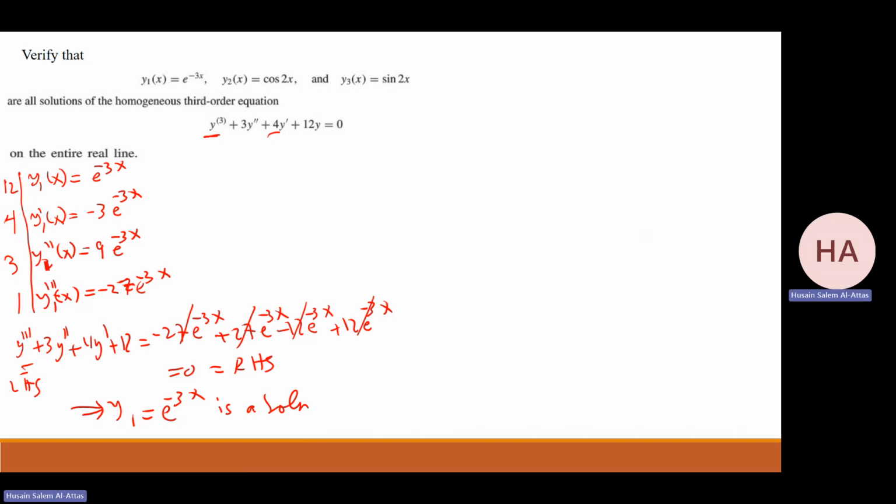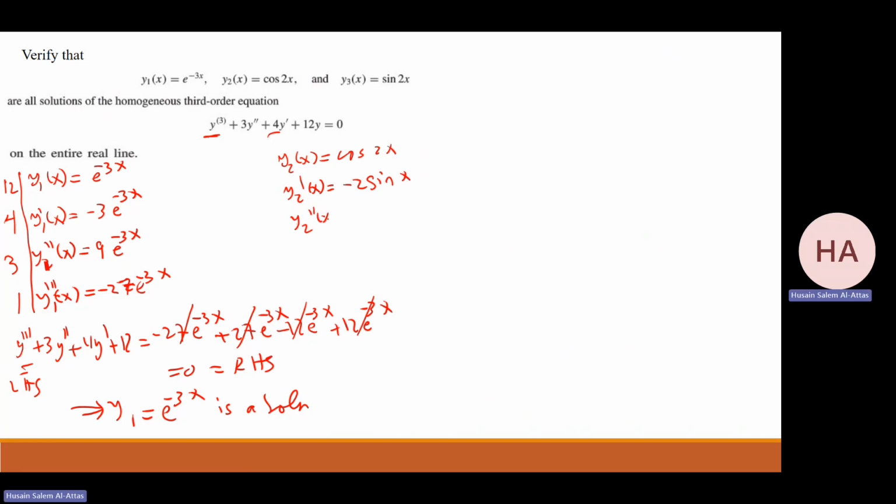Okay. I'll do the same for the next one. Y2 is cosine 2x. Y2 prime is minus 2 sine 2x.